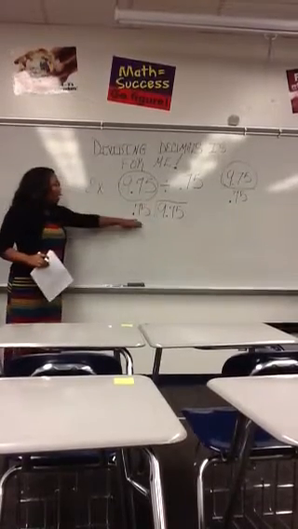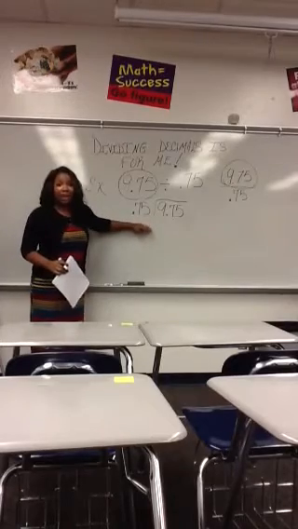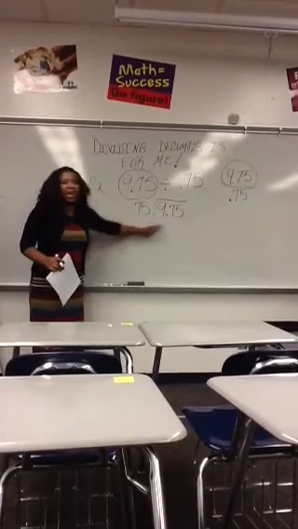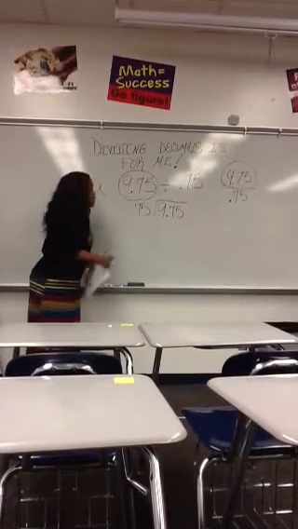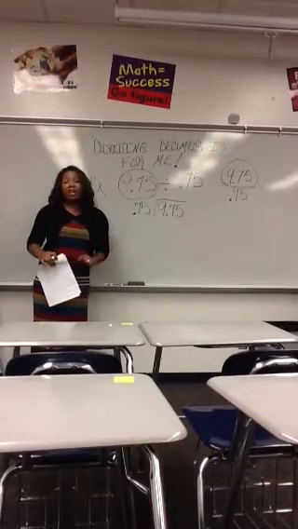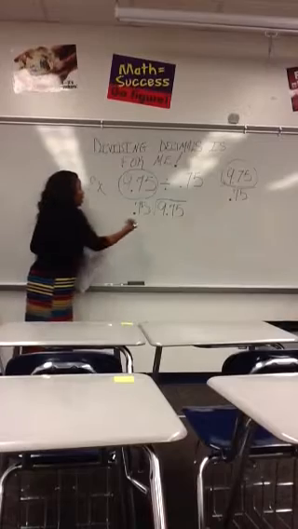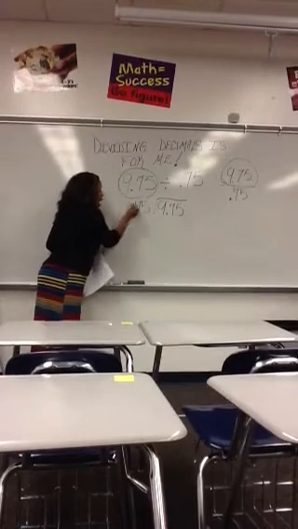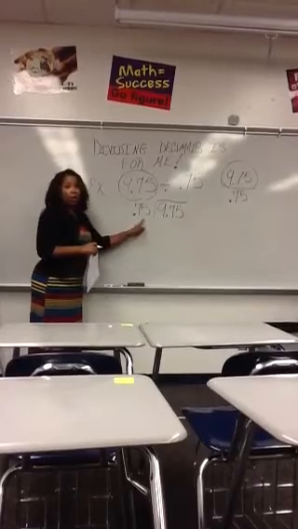From there, I have a decimal, and unfortunately, you cannot divide by a decimal. If this was a whole number, I could divide, bring my decimal up, and keep moving. But because it's a decimal, I have to turn it into a whole number. So I move on the outside however many times it takes to make it a whole number.